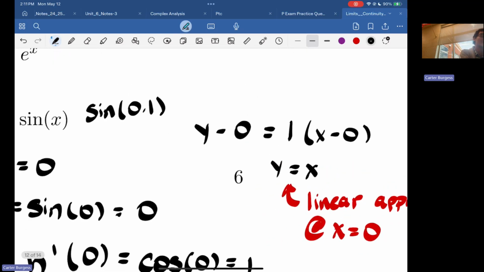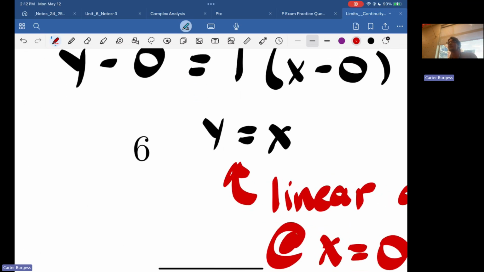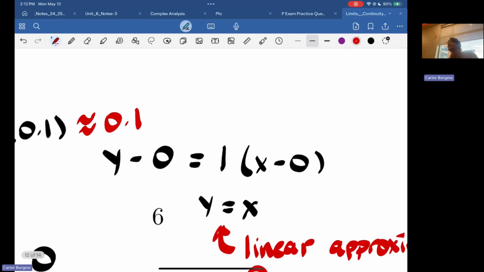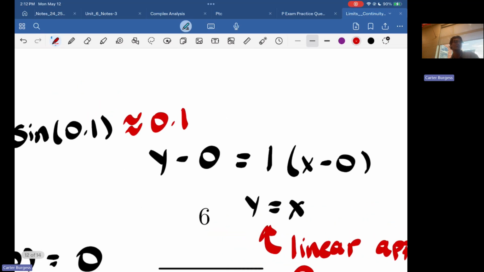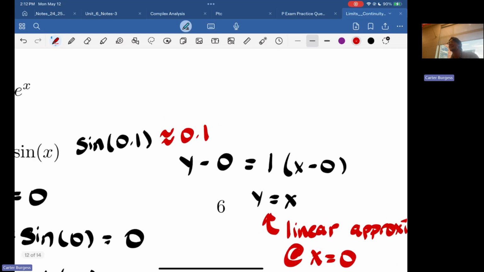And so we would predict that this should be about 0.1. It should somewhat follow the trajectory that our linear approximation predicts. Is it going to be exact? No, it's going to be off by a little bit. But at the very least, it does a decent job of guessing what's going on around 0.